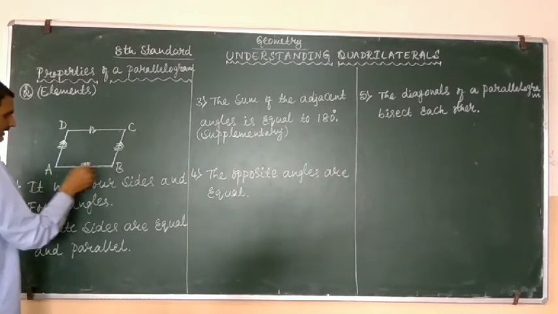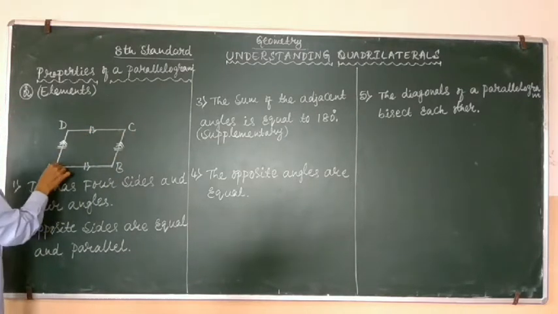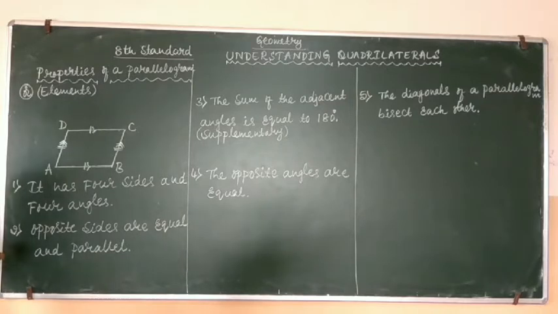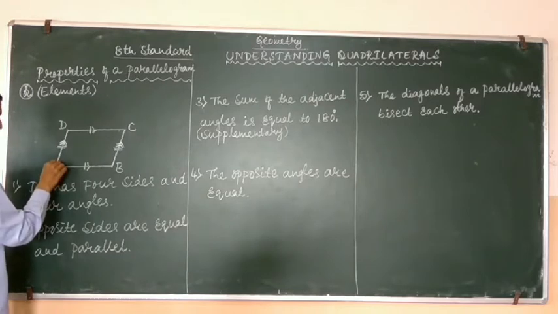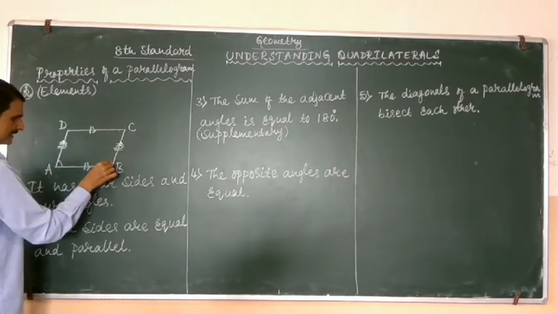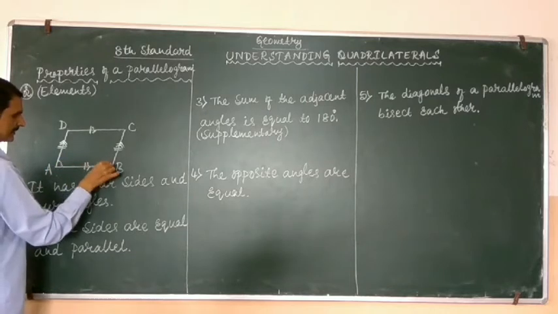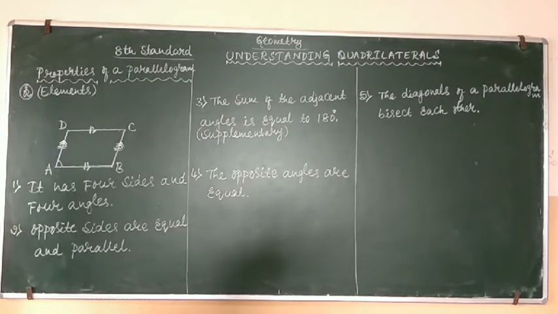It also has the property of a quadrilateral, that is, it contains four angles: angle A, angle B, angle C and angle D. These are the elements of the parallelogram.